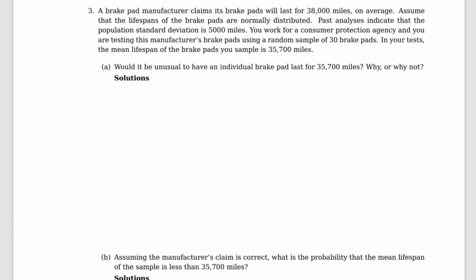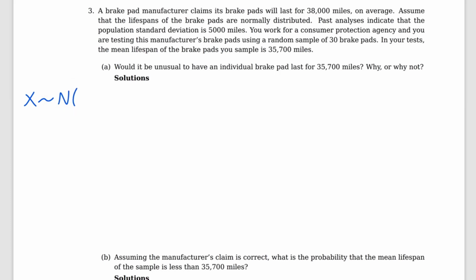And this one. Read the problem. A brake pad manufacturer claims its brake pads will last for 38,000 miles on average. Assume that the lifespans of the brake pads are normally distributed. I say this x is normally distributed.